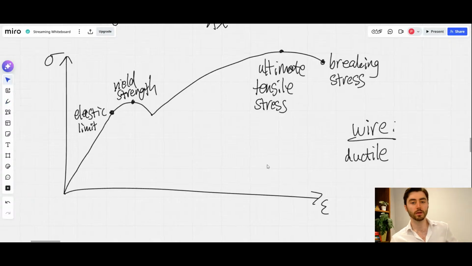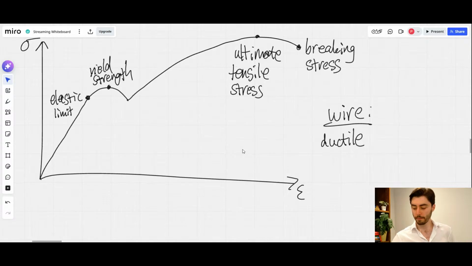Depending on this, it could be quite strong. Now, something like glass might be strong but brittle.